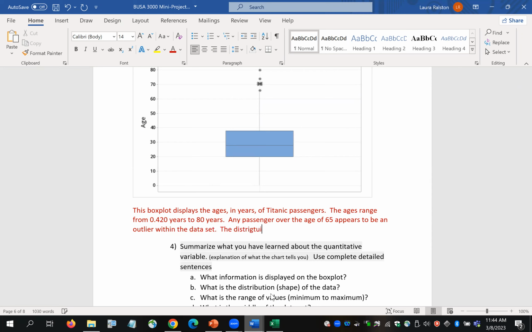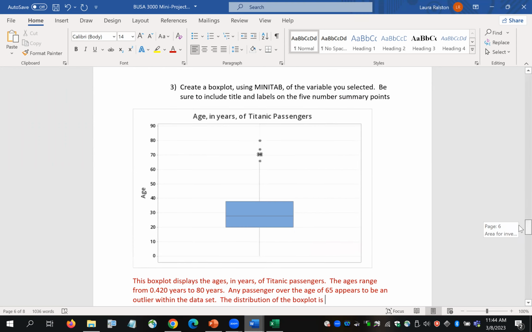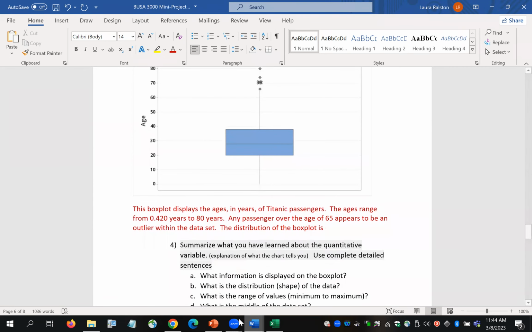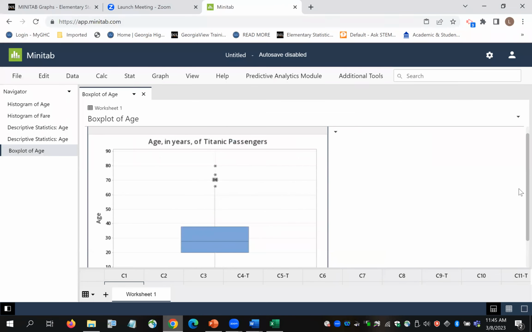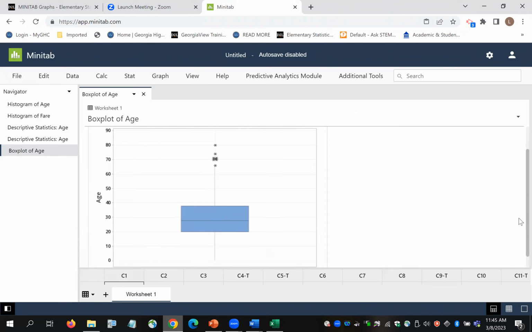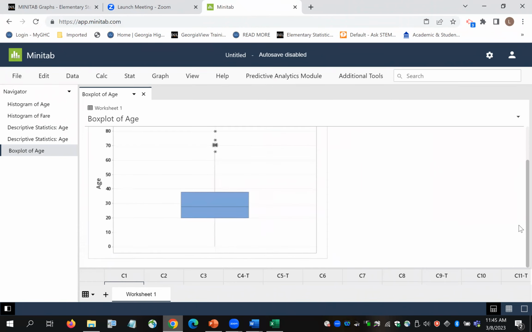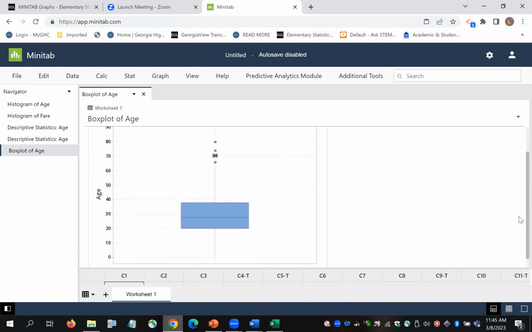The distribution of the box plot is, see, before I felt like it was symmetric. When I look at this now, I don't know, maybe, thinking about the box being in the middle, I could still say it's symmetric.